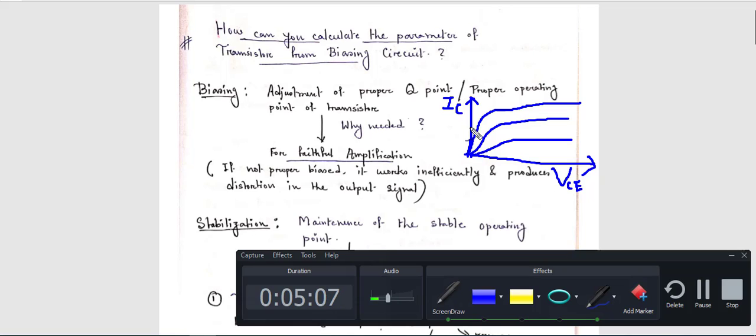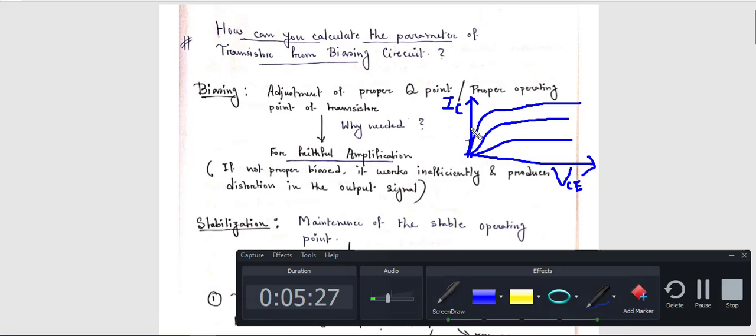Now the question is, when is faithful amplification achieved? That means does a transistor always behave like a faithful amplifier? No. You have to check in which condition a transistor can act as a faithful amplifier. For this you require the output characteristics curve.